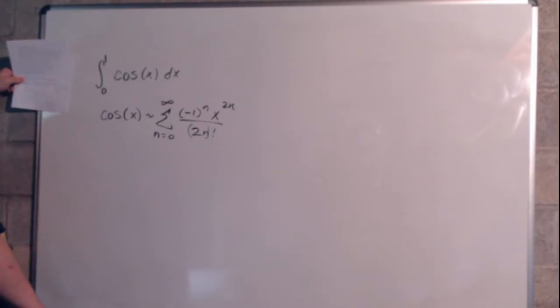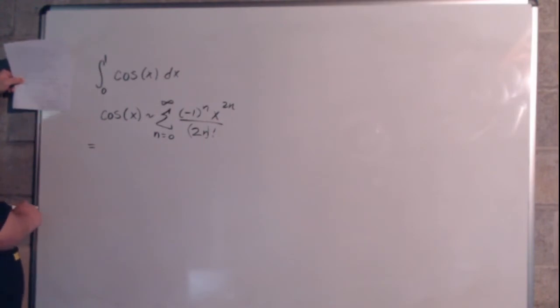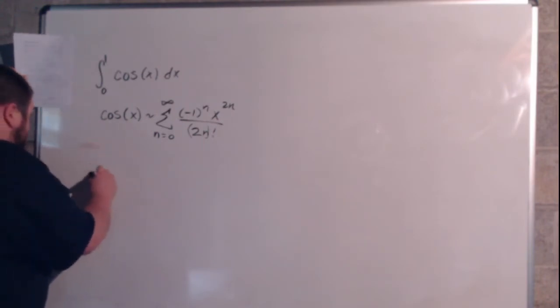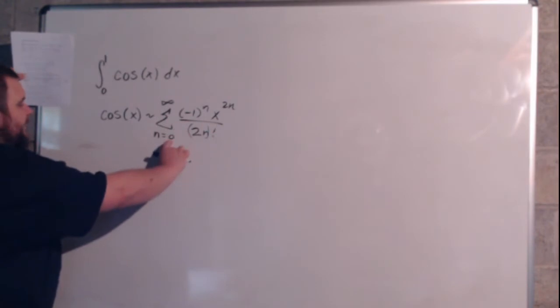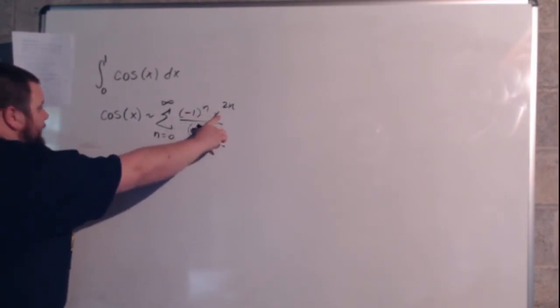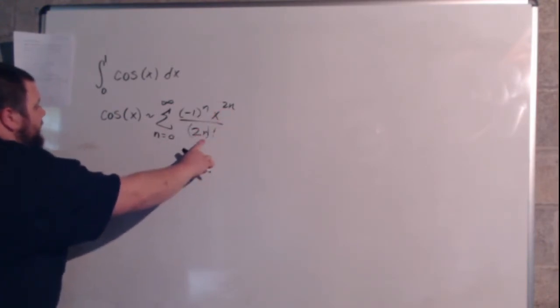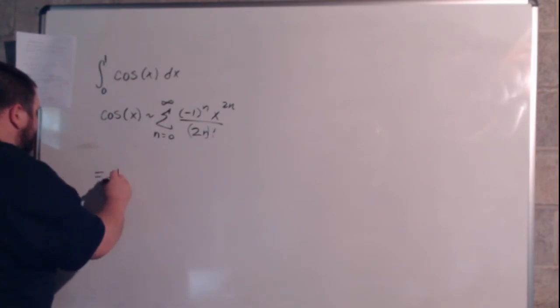So let's write out the first 6 terms. So the first term is when n is 0. Negative 1 to the 0 is positive 1. X to the 0 is 1. 0 factorial is 1.